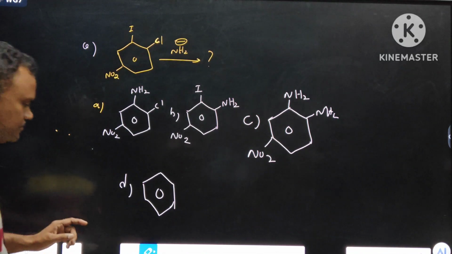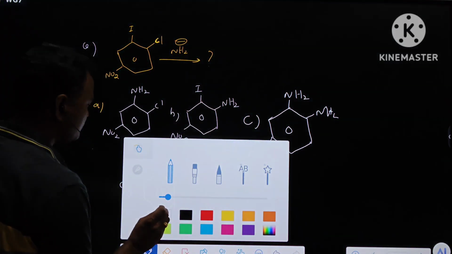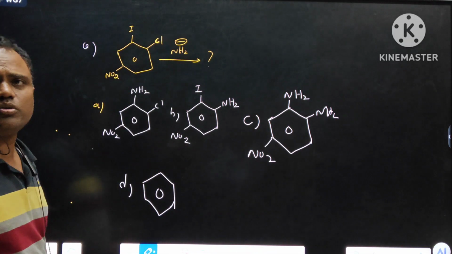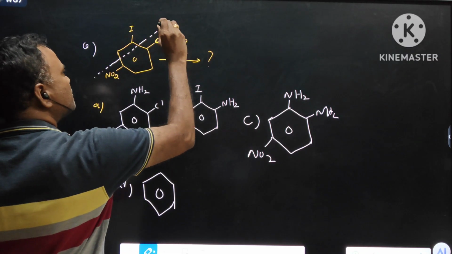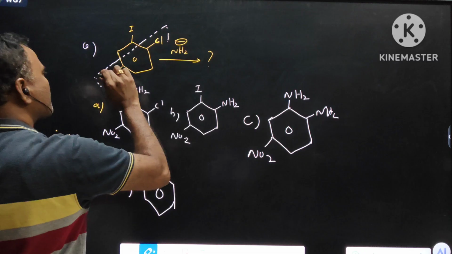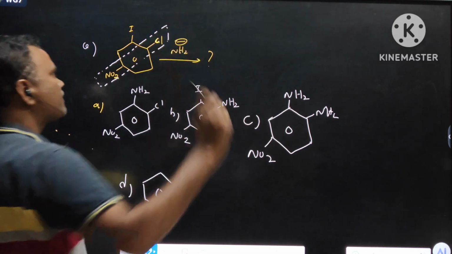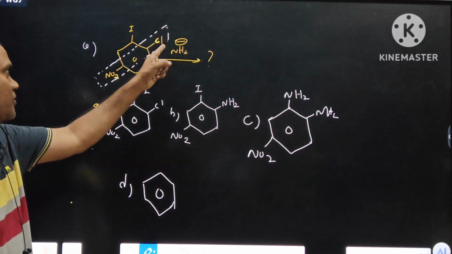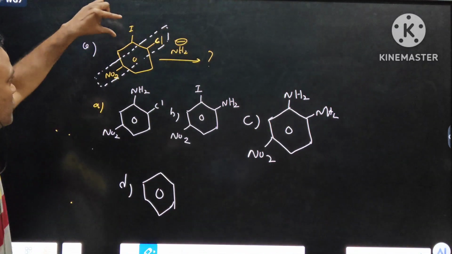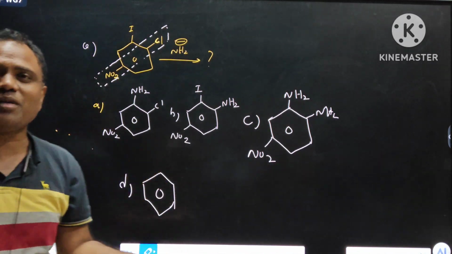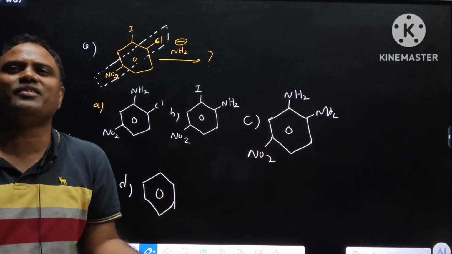Once you get this, to this chlorine, NO2 is in the para position. Look at this. NO2 is in the para position to this chlorine. So chlorine leaves. To iodine, NO2 is in the meta position. Meta position does not work, right?